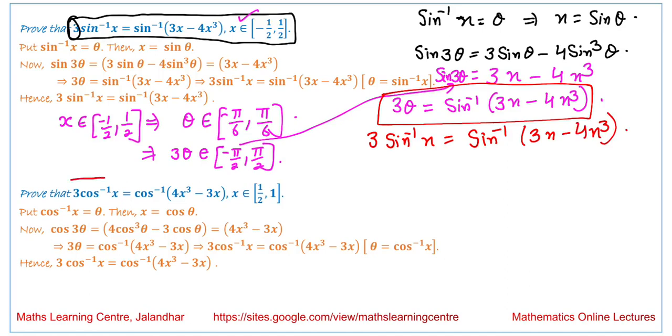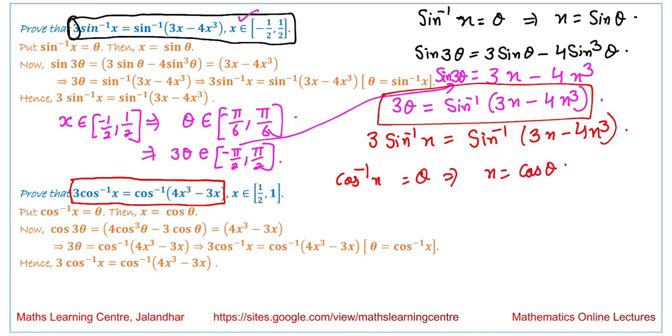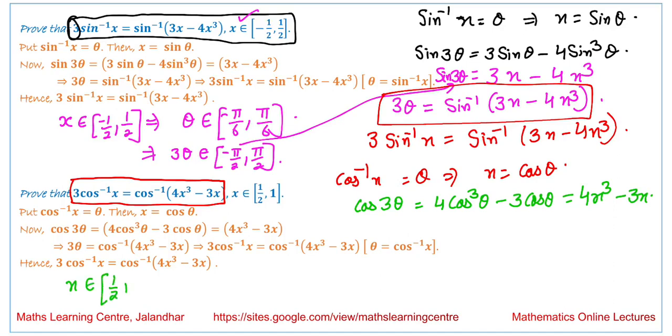Similarly, when we are talking about 3 cos inverse of x, we start with cos inverse of x is equal to theta. This implies x is equal to cos theta. We apply the formula for cos 3 theta, that is equal to 4 cos cube theta minus 3 cos theta, that is equal to 4x cube minus 3x. Now we are saying the value of x belongs to the interval 1 by 2 to 1.